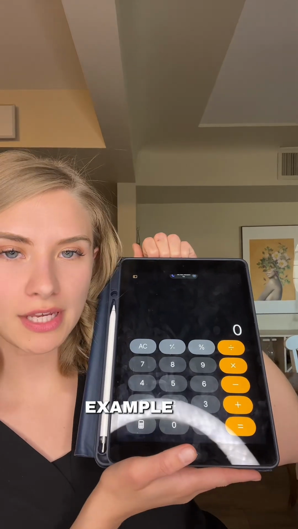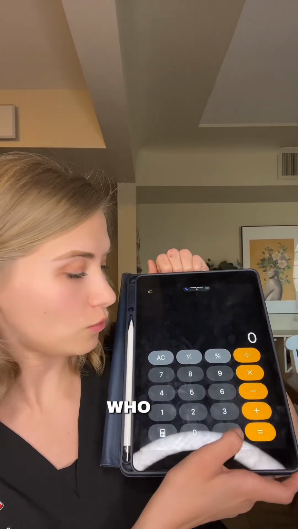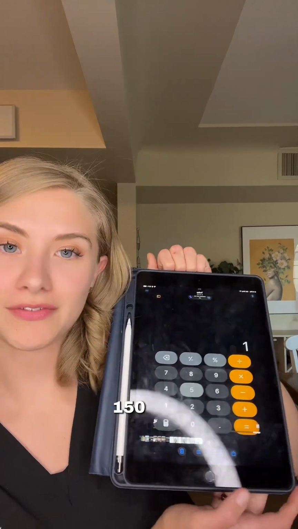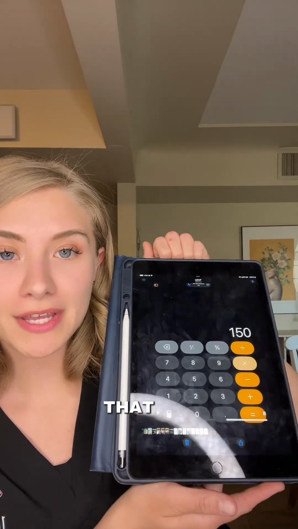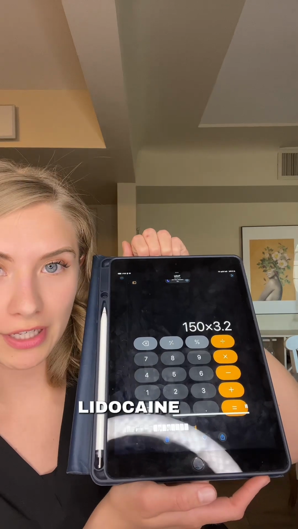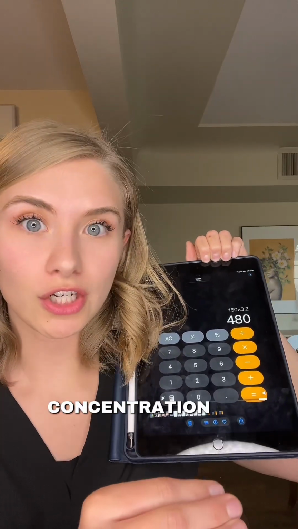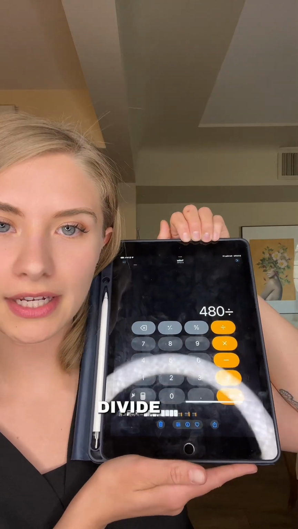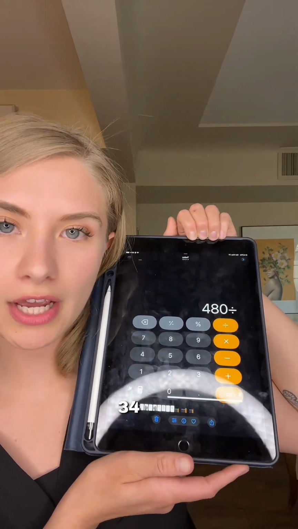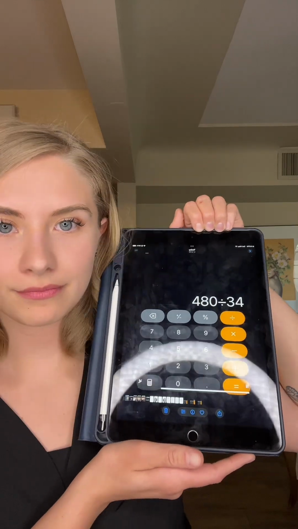Okay, so for example, you're going to have a patient who is 150 pounds, okay? Then you're gonna times that by the MRD, which is 3.2 for lidocaine. That's gonna be 480. So now that we got their weight converted to a milligram, we are now going to divide it by the milligram concentration of lidocaine, okay? You're gonna divide it by 34 milligrams.